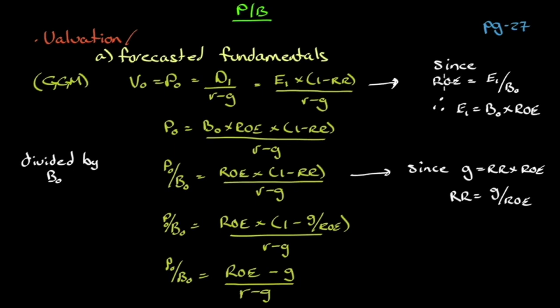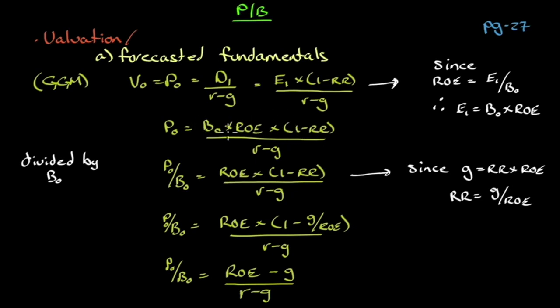Now, since ROE is our earnings over our book value, we can say that E1 is our book value times our ROE. So let's substitute that in for E1 here. We'll get our price is equal to our book value times our ROE, which is earnings, times 1 minus RR, which is the dividend payout rate. It's still D1.